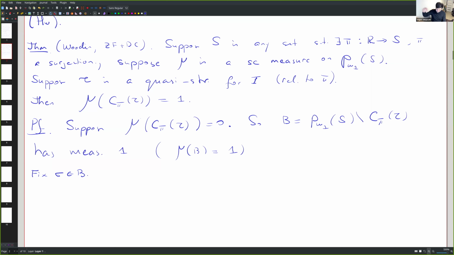When you say measure 1 many things would give me exactly the same value, then that's the value you play. So we want to prove that there is a sigma in B that can be enumerated as a run of the game according to tau. So it will be closed under tau, but it's in the complement, right?